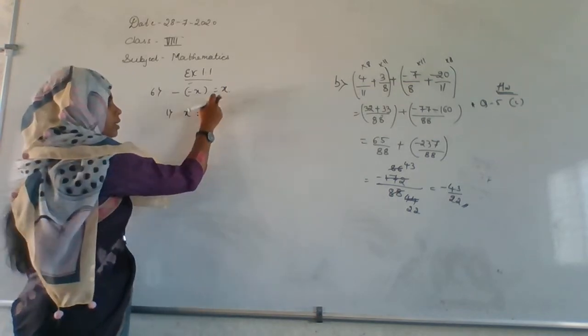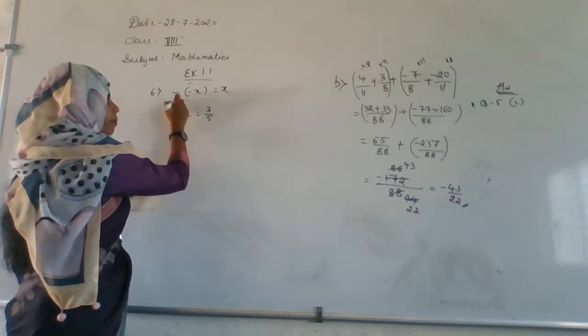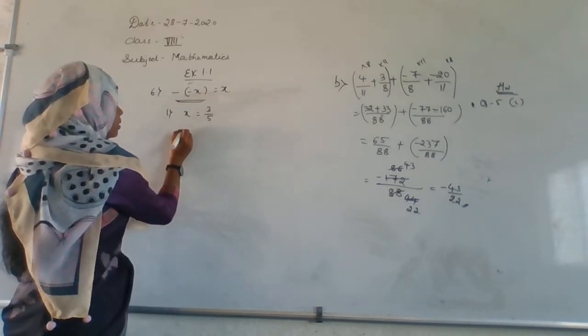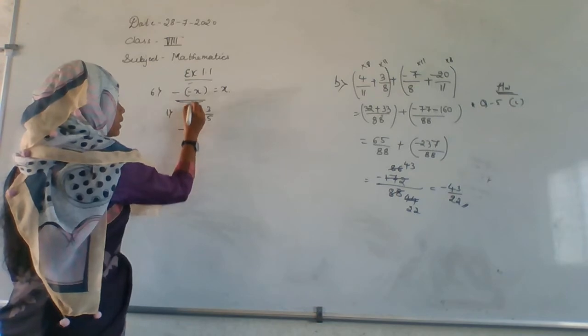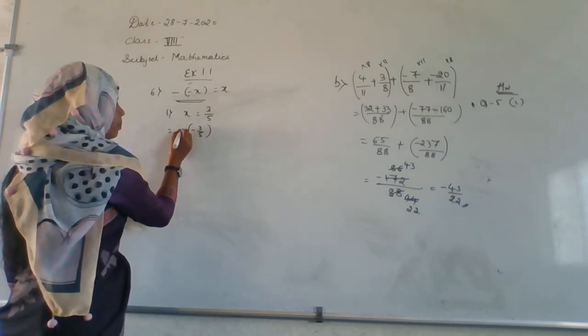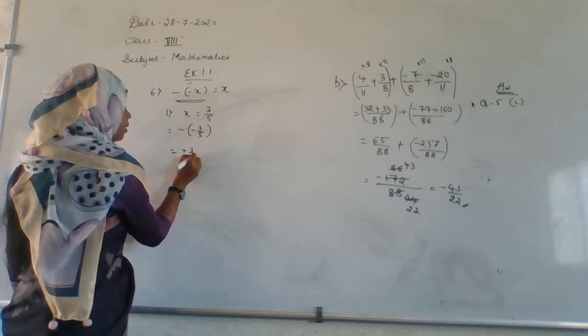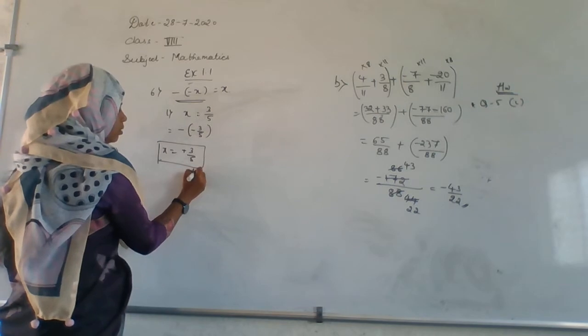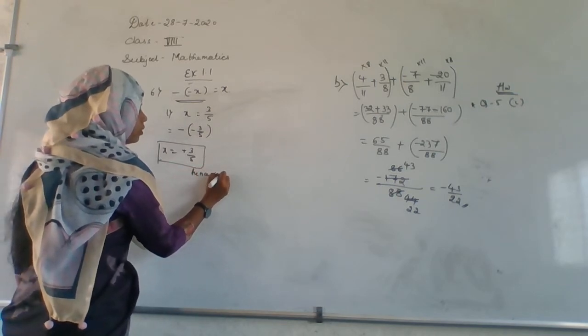Now I need to get the same value, 3 by 5, after applying this. Minus of minus 3 by 5, minus into minus is plus 3 by 5. What is this? Our x. Hence verified.